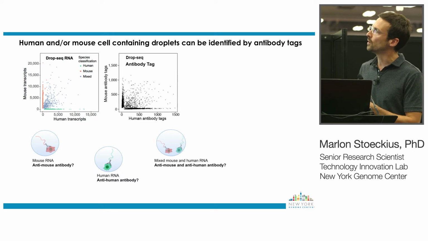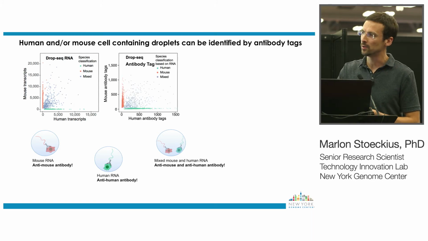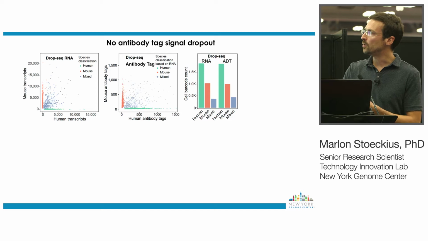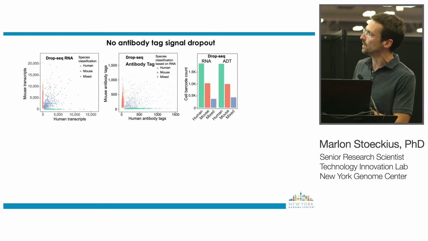But of course, now for every dot here, we know what the RNA annotation is. And if we colorize those based on the RNA, you see all of the cells that were annotated as human cells are also on the axis here and on the y-axis for mouse. And the mixed cells that were annotated as mixed based on their transcriptome have also mixed antibody signal based on their surface. And then you can also count the different cell populations, based on the RNA or based on the antibody tags.